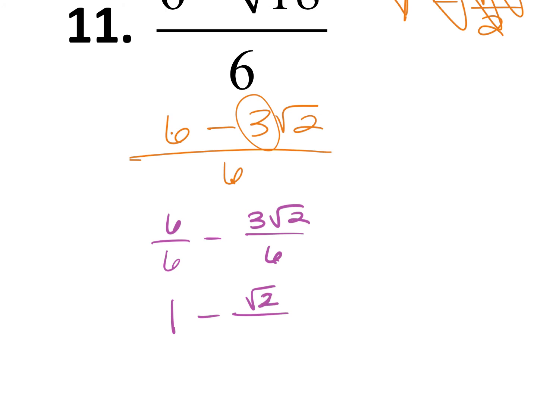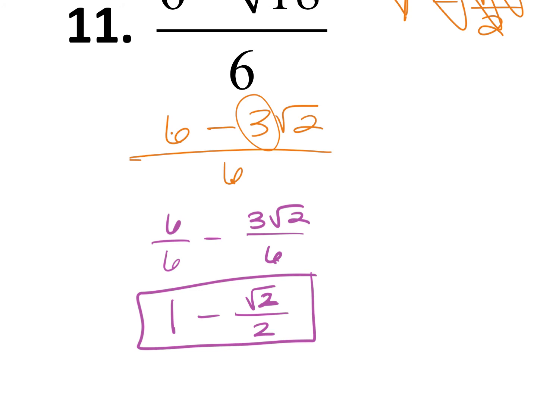So rad 2 over 2, and that would be your answer. Now, if you didn't do it that way, well, I would do it that way. Just do it that way. It's better. Questions on that setup?